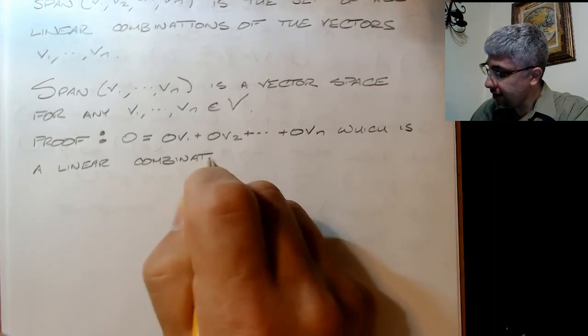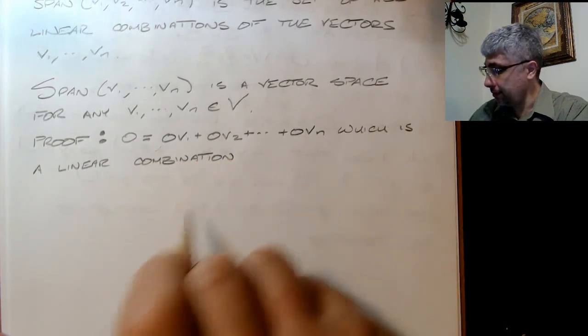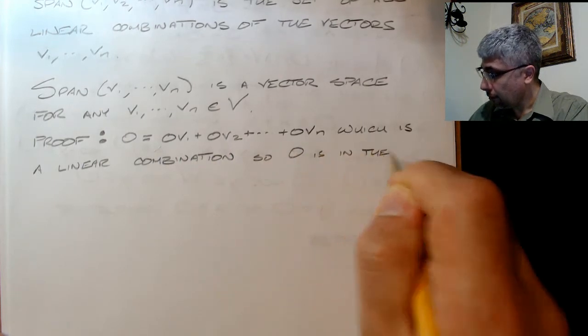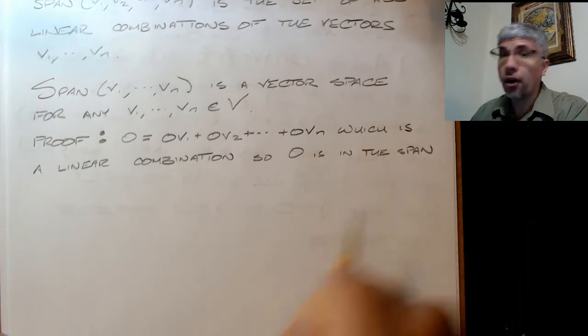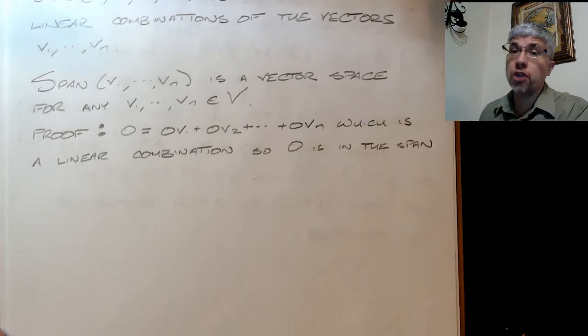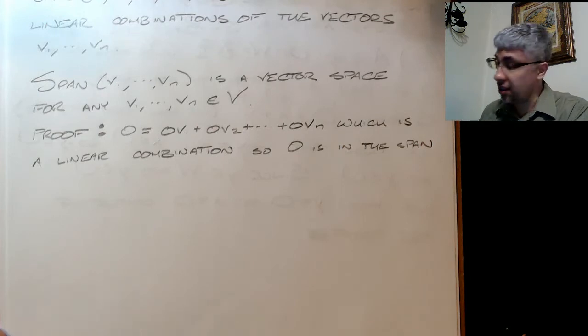What that shows is that 0 is in the span, because the span is the collection of all linear combinations. Okay, so now what do we have to show? We have to show it's closed under scalar multiplication and addition.